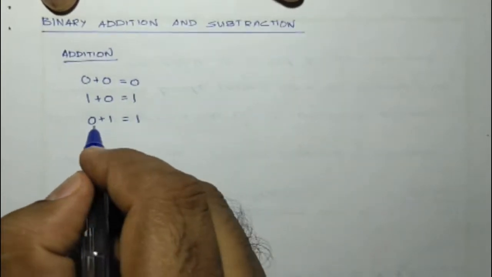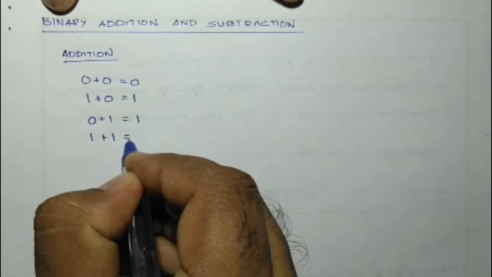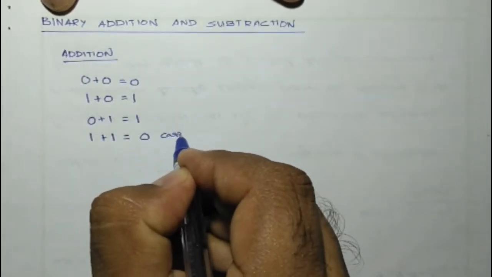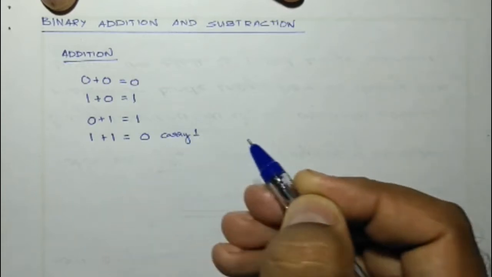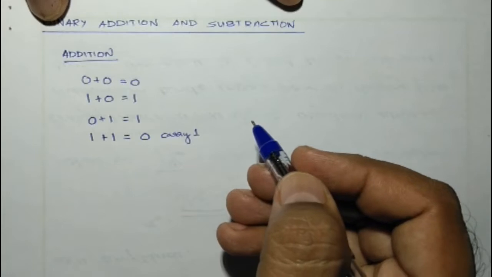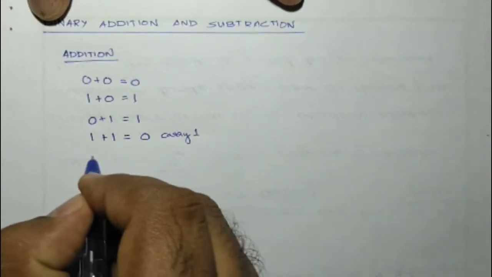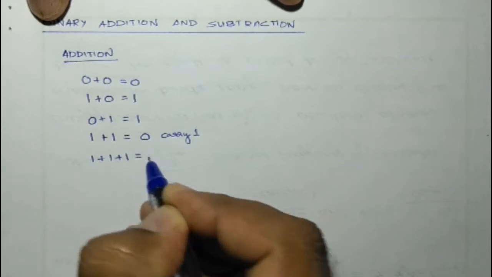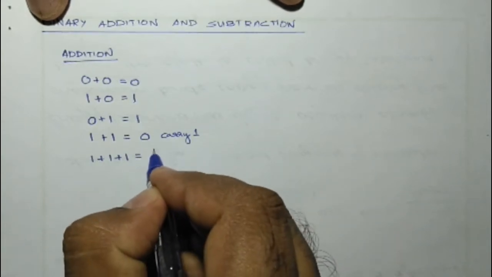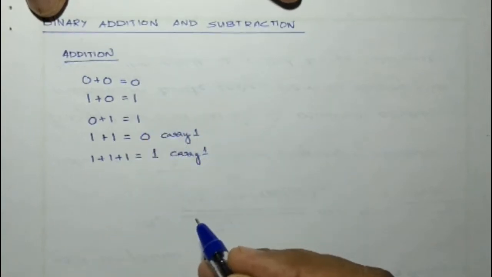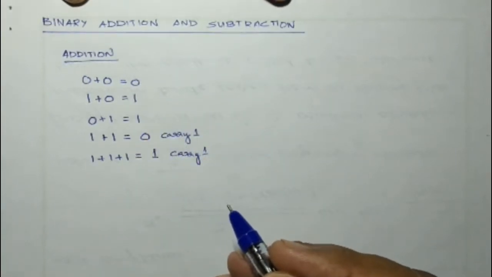But when you add two ones, the result will be 0 with a carry of 1. There are situations where you need to add three ones, 1 plus 1 plus 1, and the result will be a 1 with a carry 1. So these are the general rules in binary addition.